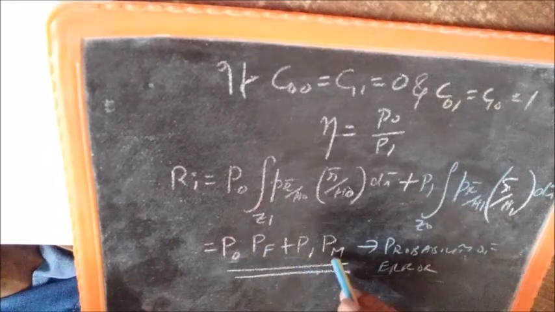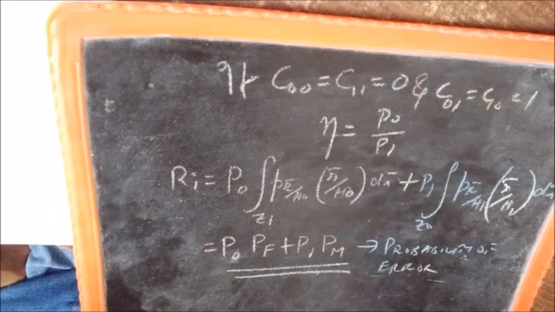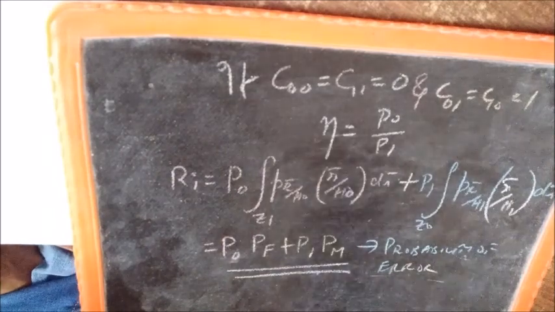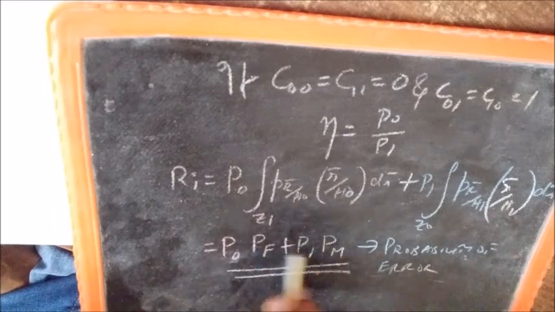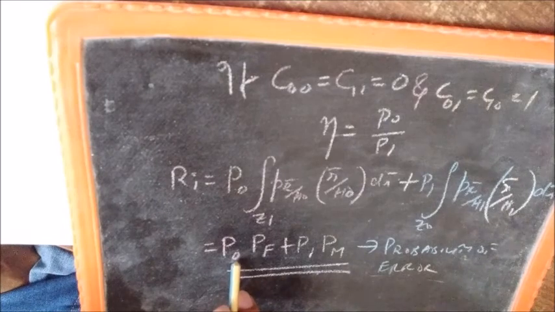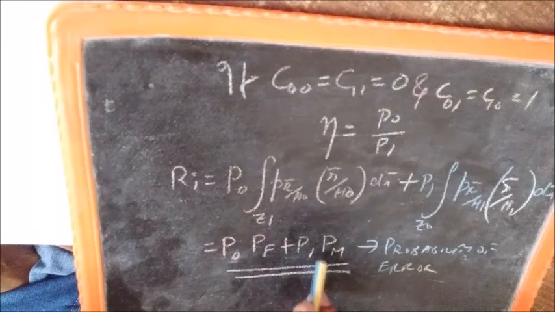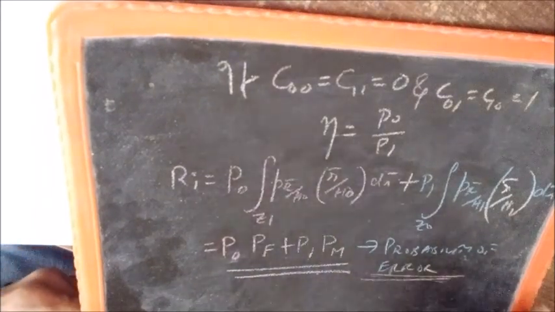And PM is the probability of making an error wherein you declare H0 is the true hypothesis when actually H1 is the true hypothesis. When you take an average of these errors, by multiplying them individually by the probability of H0 being true and H1 being true, and then adding them up, you get the average probability of error.